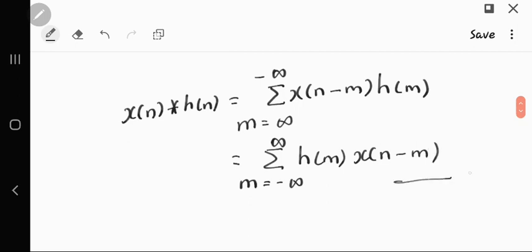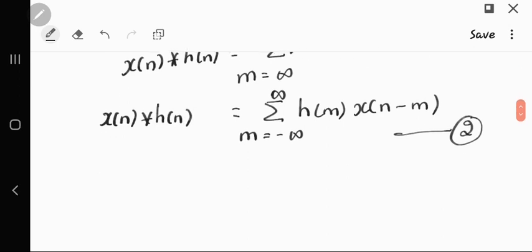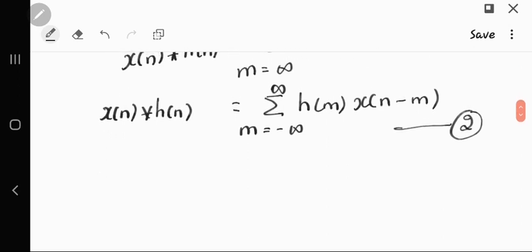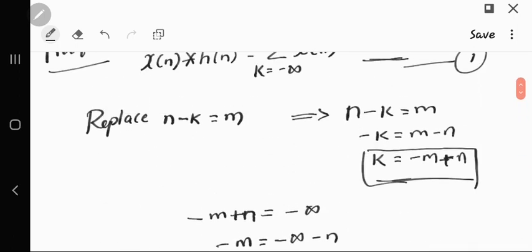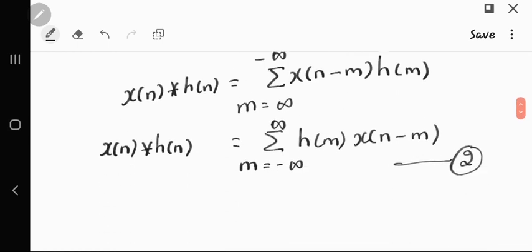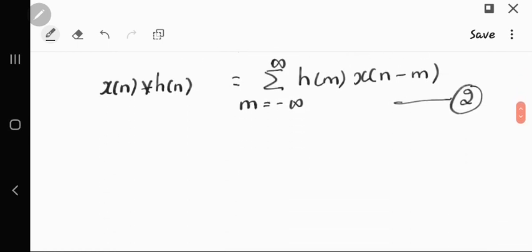Give this equation number 2, and on the left-hand side we have x of n convolved with h of n. Since m is a dummy variable, where n minus k is equal to m, for convenience I am replacing m with k.